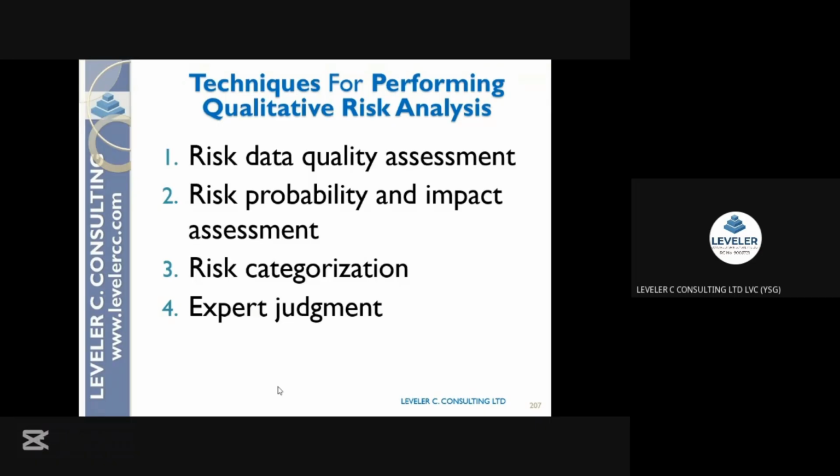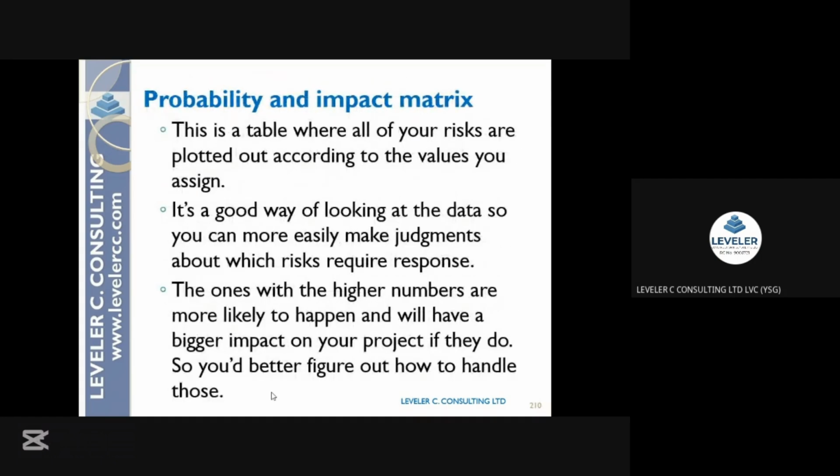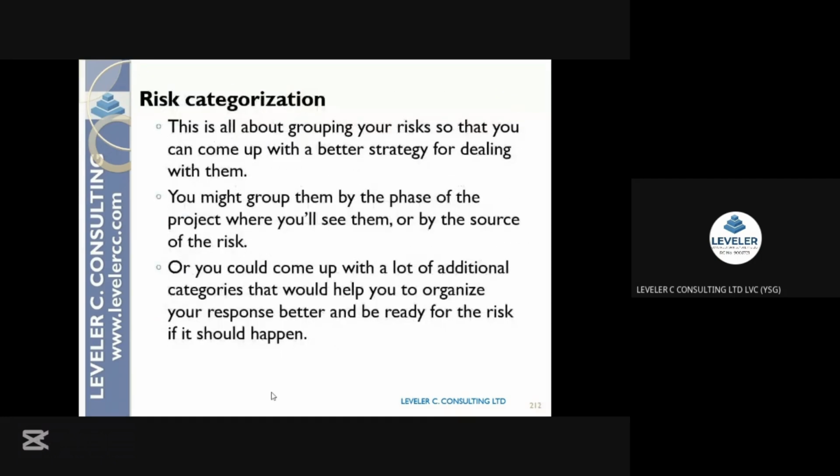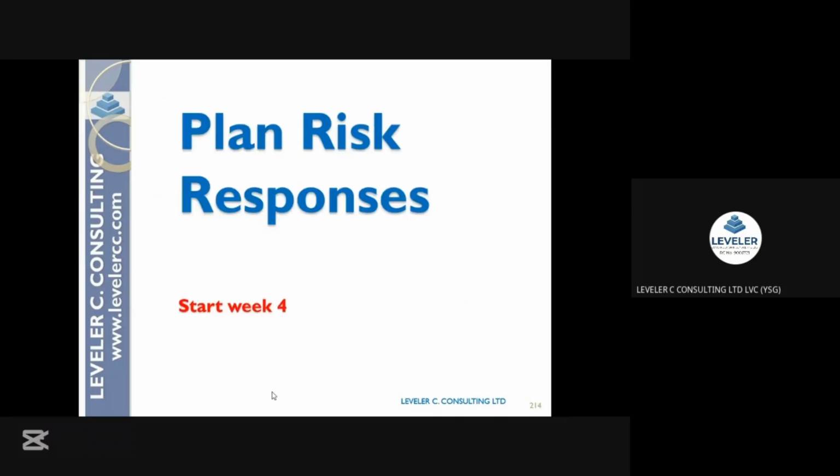We have used all of this on a matrix table. You are also going to do risk categorization. You are going to use expert judgment, of course, somebody who has done risk analysis before, who is an expert when it comes to risk. Those are the people you are going to engage in your risk analysis. You understand?